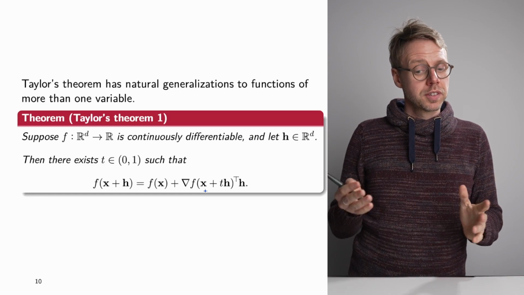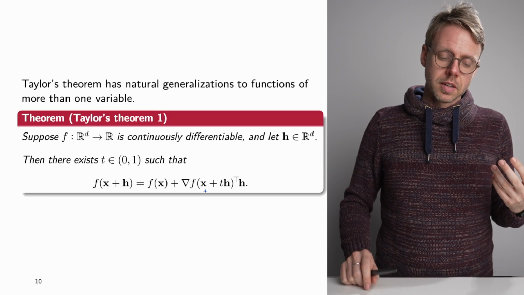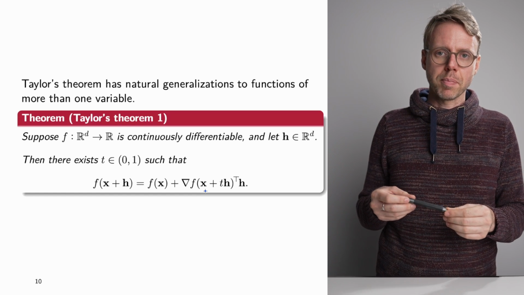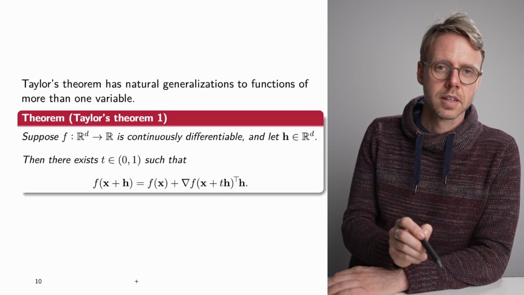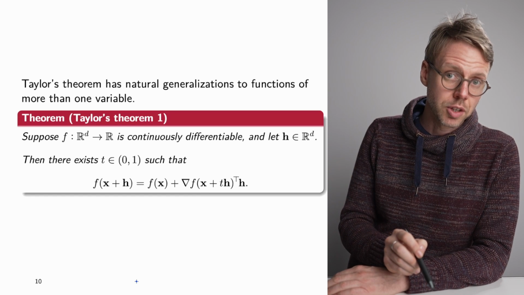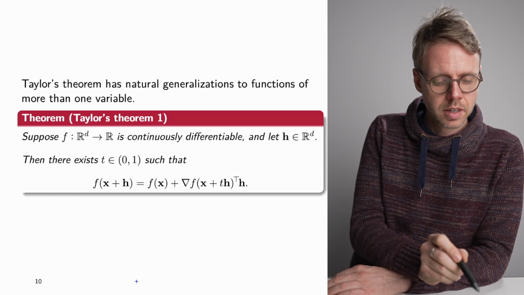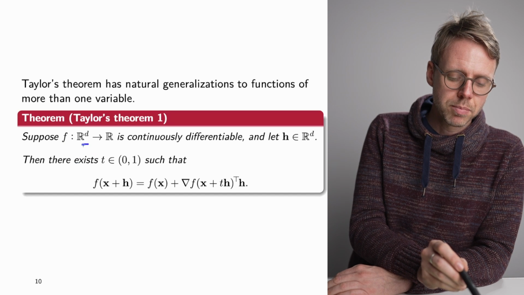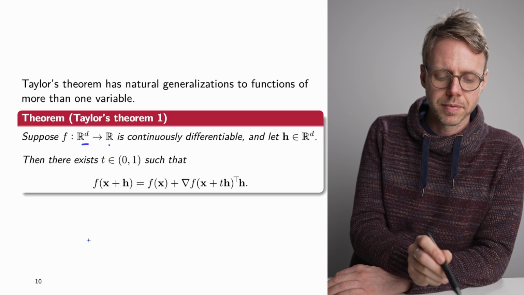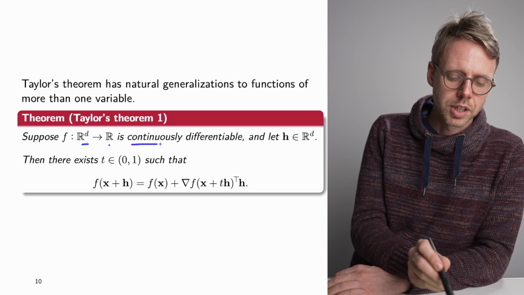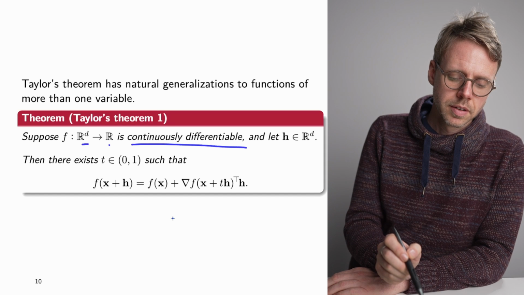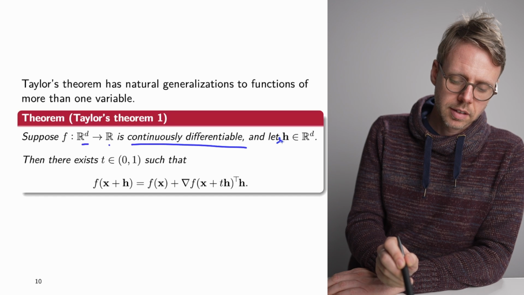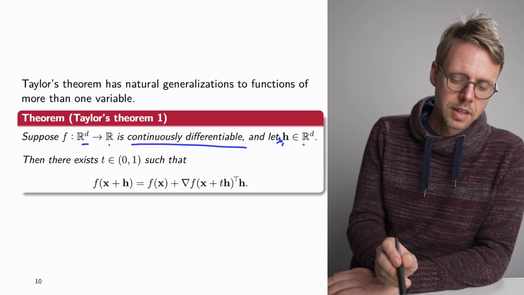Now let's get to Taylor's theorem. It's a theorem that is, as we said, used to show properties of optima of multivariate functions. So we can use it to analyze the results of optimization algorithms. Suppose f is a function that takes a d-dimensional input vector and outputs a continuous number. It's continuously differentiable, and we have both x and h from Rd.